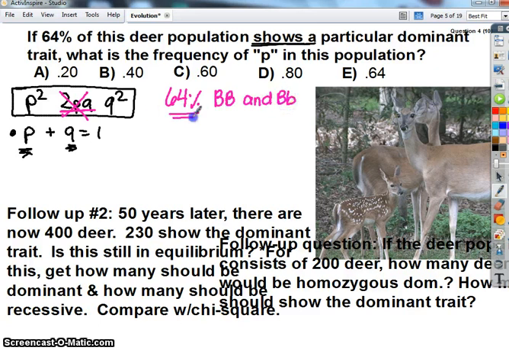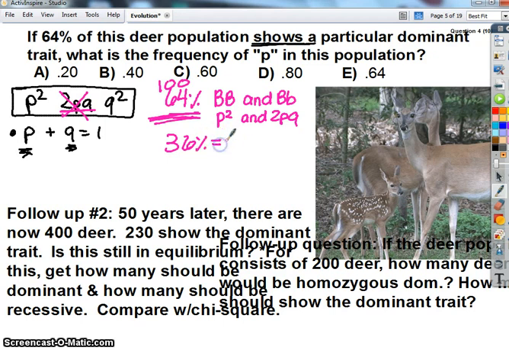Which means this 64% is representing p squared and 2pq, which means we can't solve this problem with this information directly. But if we know 64% show the dominant trait, that means the other 36% show the recessive trait.